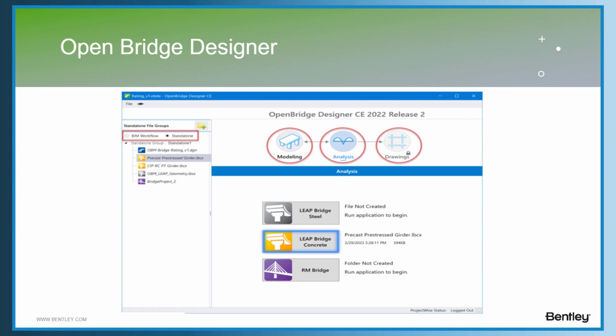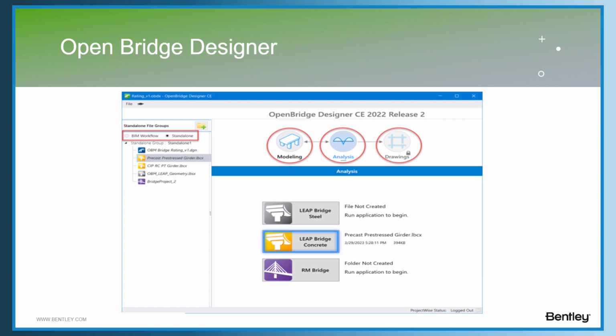In the BIM workflow, the user can model the bridge in OpenBridge Modeler, and then export the model to LEAP Bridge Concrete, LEAP Bridge Steel, or RM Bridge, and continue with their analysis, design, and rating of the bridge. In the standalone module, the user can model, analyze, design, and rate the bridge individually in each module separately in LEAP Bridge Steel, LEAP Bridge Concrete, and RM Bridge.